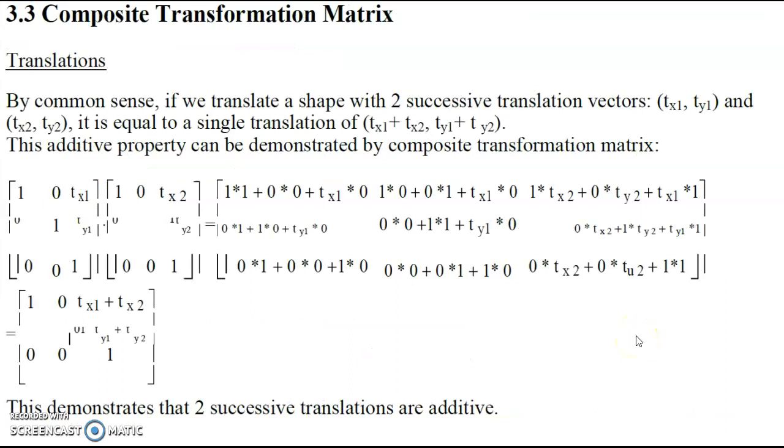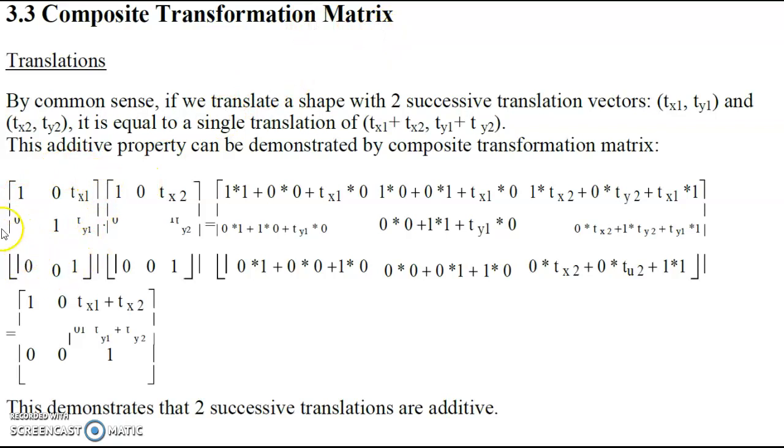Next, let us see about the composite transformation matrix. The composite transformation matrix is actually very simple. Instead of doing one translation at a time, then another translation, if you want to do both translations at a single time, that is known as the composite transformation matrix.